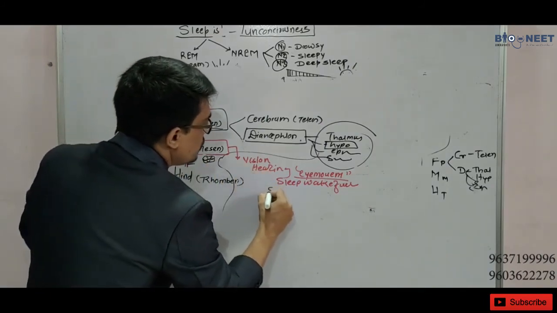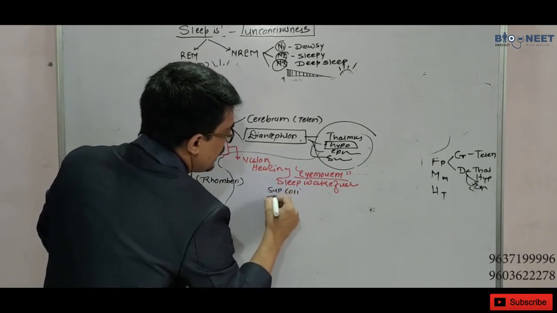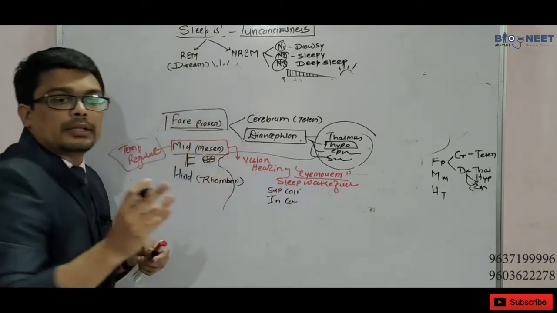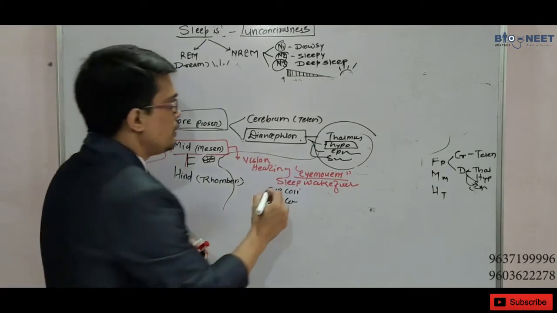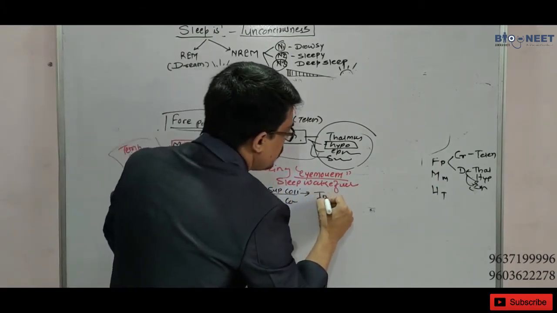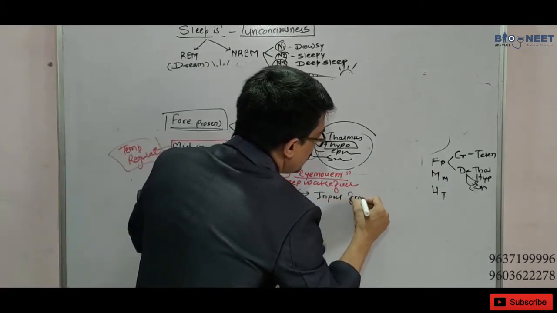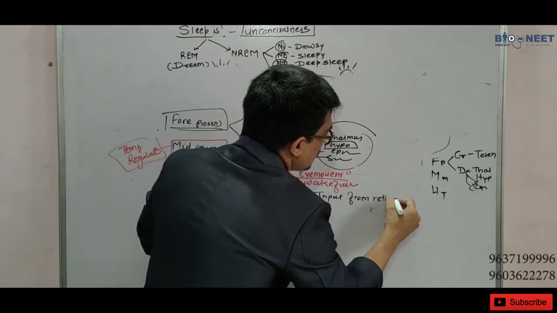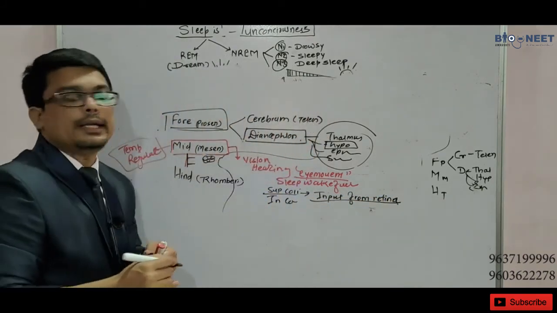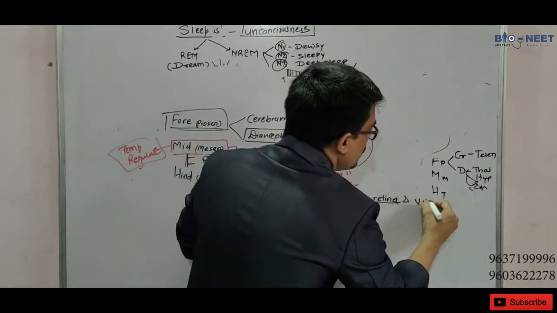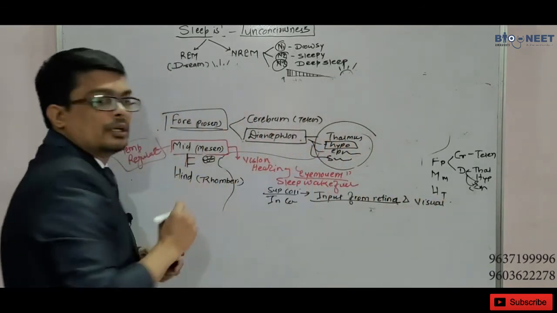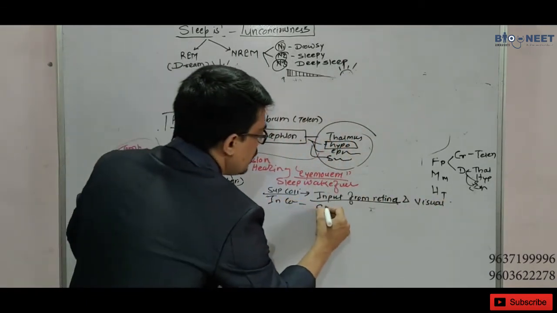Why do I want superior colliculi and inferior colliculi? The superior colliculi take input from the retina, or you can say they connect to the visual cortex. Superior is visual and inferior is auditory.